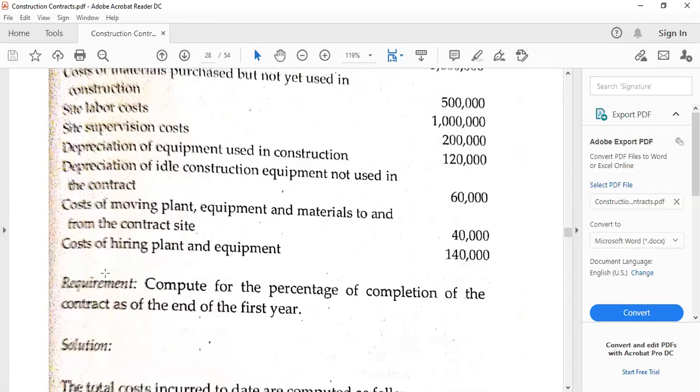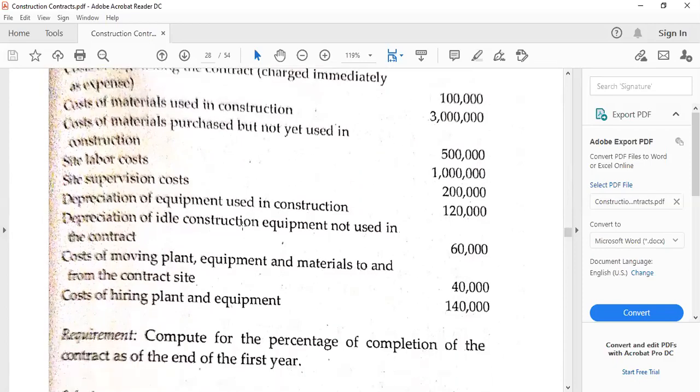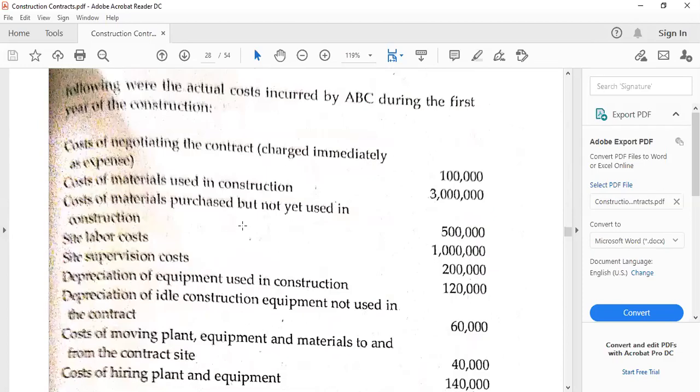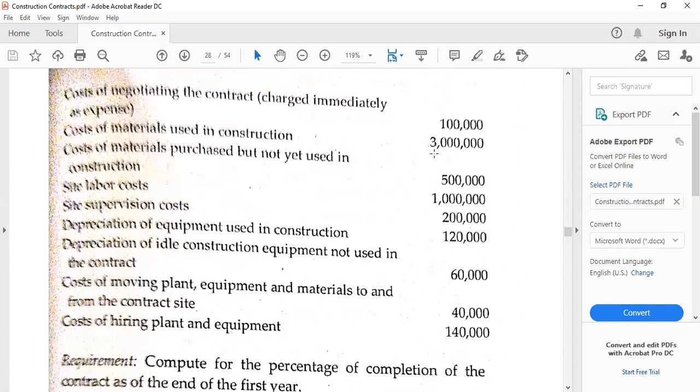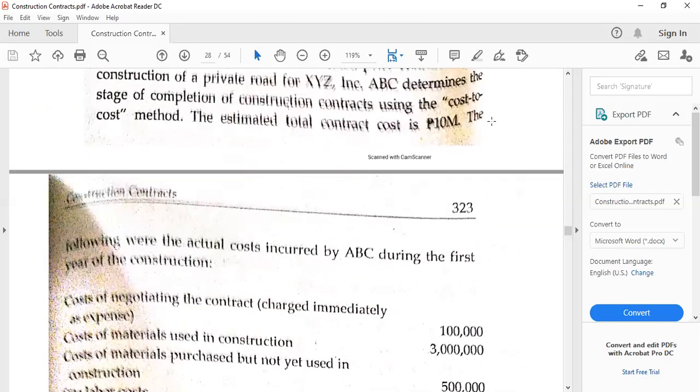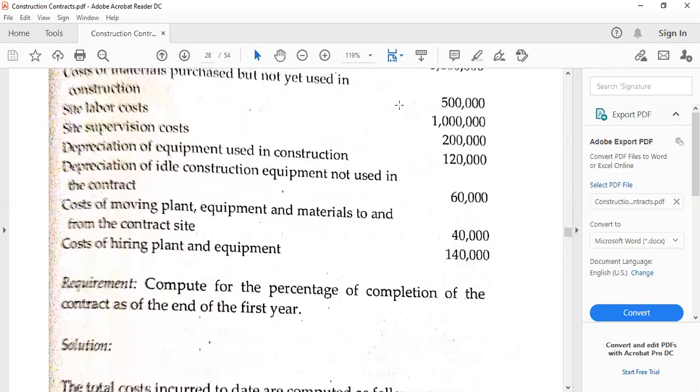Then the requirement is to compute the percentage of completion of the contract as of the end of the first year. So to do this, of course, we just have to determine first the actual cost incurred to date, which would be the total of the applicable costs from this list. And then we divide that by the estimated total contract cost as given, which is 10 million pesos.